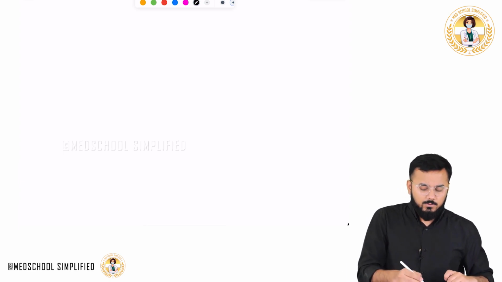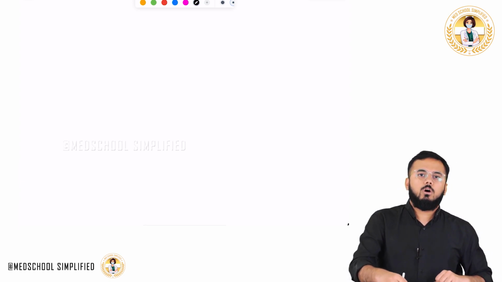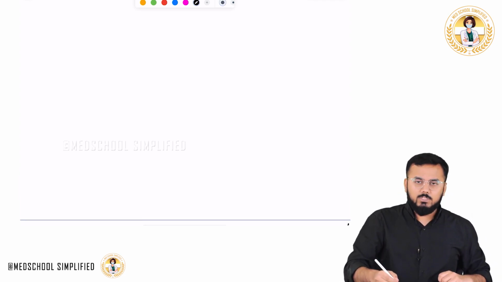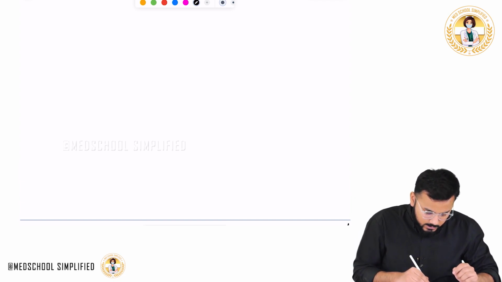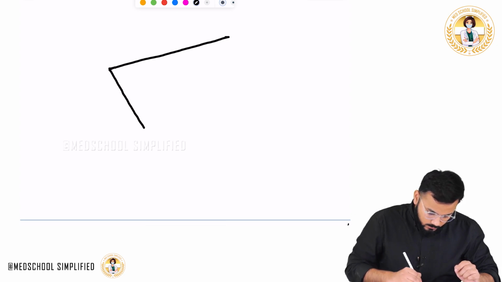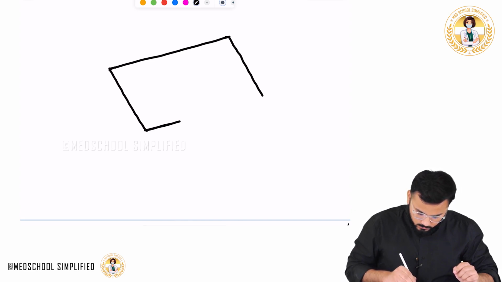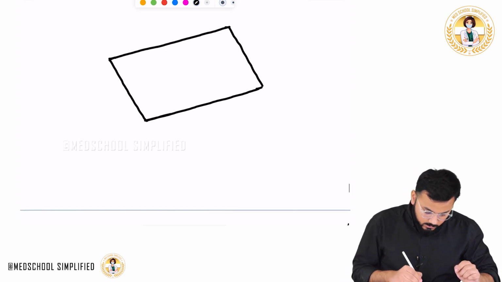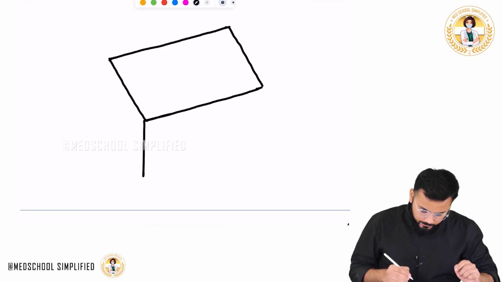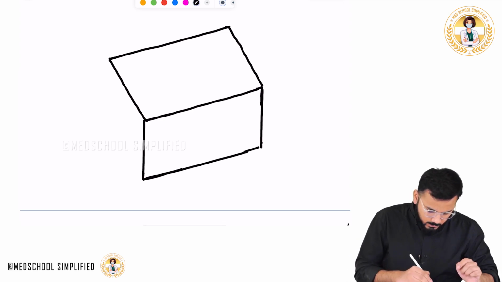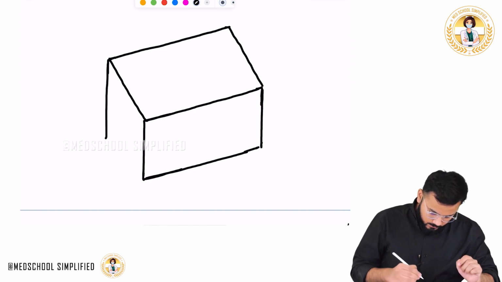This picture might give you a very good idea of how the third ventricle looks. Coming to the walls of the third ventricle, let me just draw a random box like this. If this is your third ventricle, let me just finish up the picture.